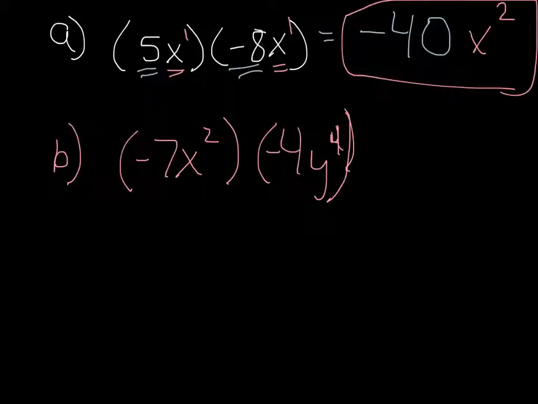We already know that we can condense the numbers. Negative 7 times negative 4 equals positive 28. And then remember the rule of bases. We have an x and a y. Can we combine them? Hopefully you all said no. So our final answer there is 28x squared y to the 4th. We can't do anything with these except stick them next to each other.